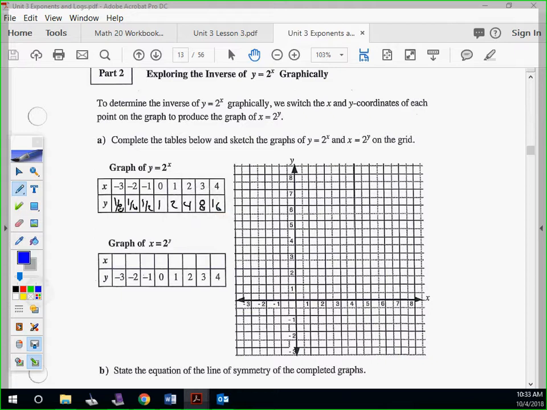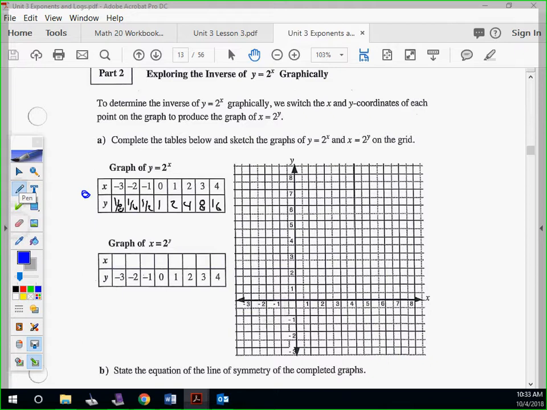Let's go ahead and go blue here. Let's graph that. Negative 3, we're at 1/8, just barely there. Then we're at 1/4. It's going by 2's there.